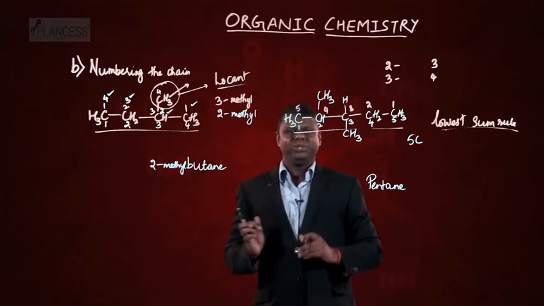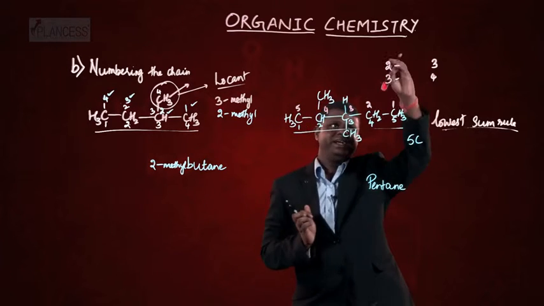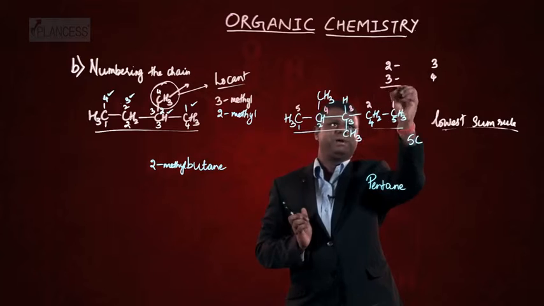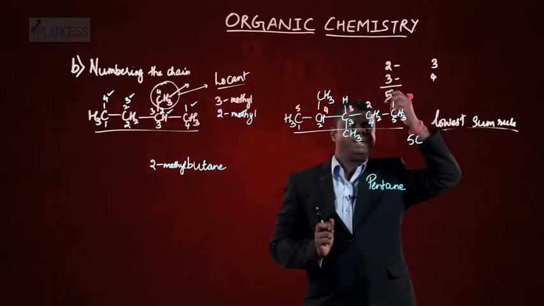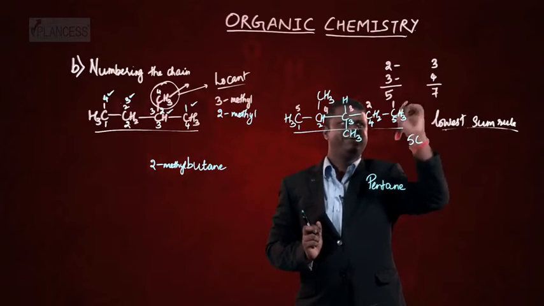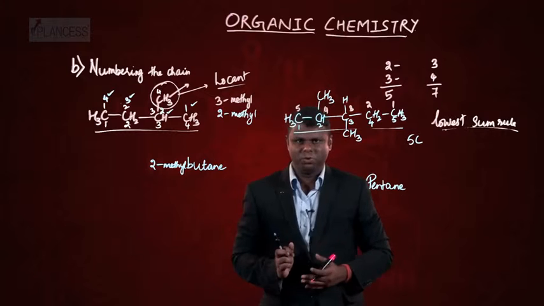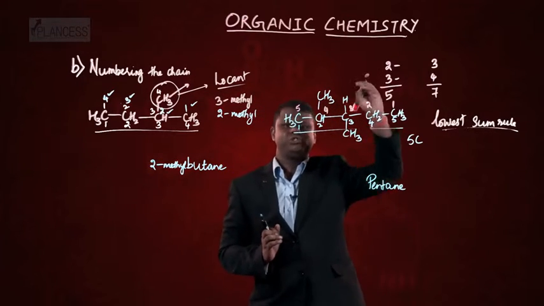So in this you don't need to think too much. You just move from left to right, write down the substituents and take the sum. So 2 plus 3 becomes 5. Now when I move from right to left, the sum becomes 3 plus 4, which is equal to 7. As per the lowest sum rule, you have to select the numbering system in such a way that the sum is low.